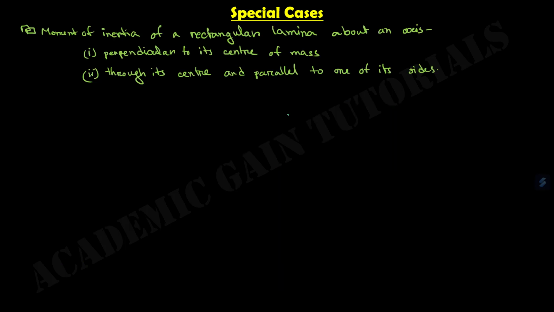Now the second one is we have to find out the moment of inertia of a rectangular lamina. Suppose this is our rectangular lamina, ABCD.